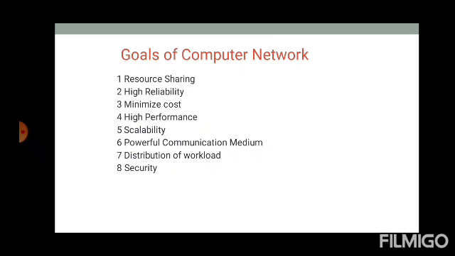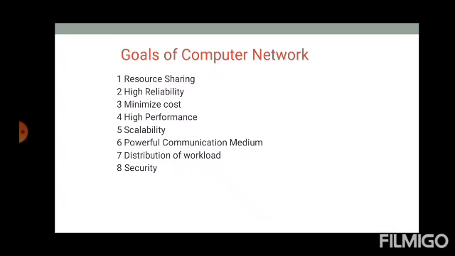Then third is minimize cost. Small computers have a much better price to performance ratio as compared to large ones. So it is always minimizing the cost to set up a network for a small number of computers than the large ones, as well as by sharing resources like printers, we can save the cost. Then fourth is high performance.